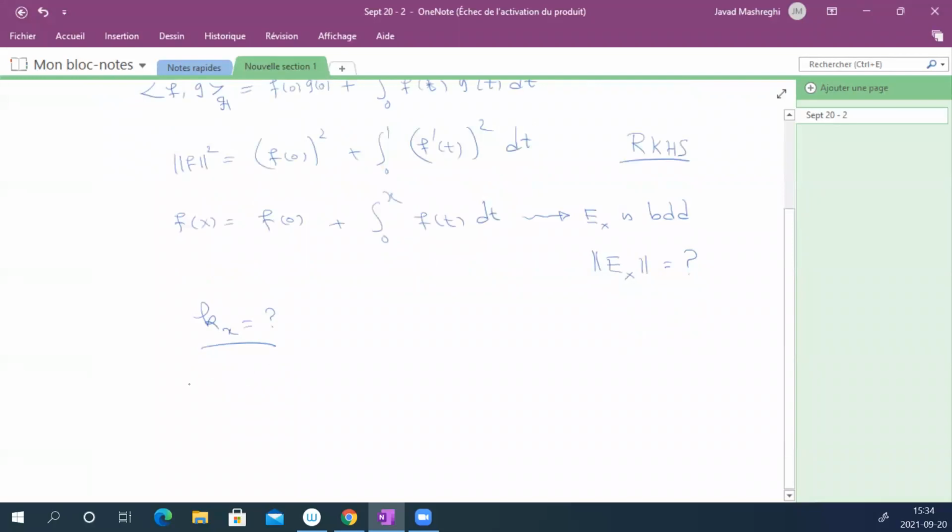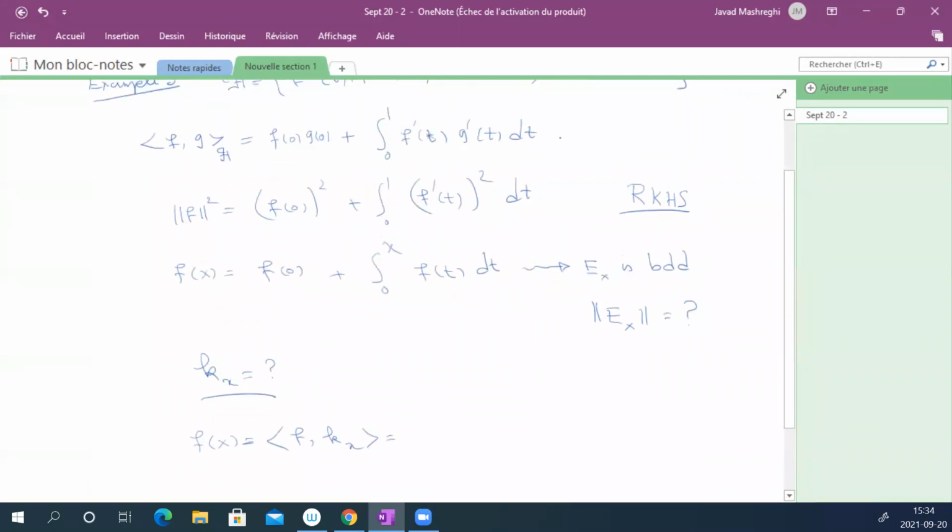Note that our starting point, f of x, is the inner product of f and k_x, which by the definition that we have here is f at the point 0, k_x at the point 0, plus the integral from 0 to 1 of f prime t k_x prime t dt.